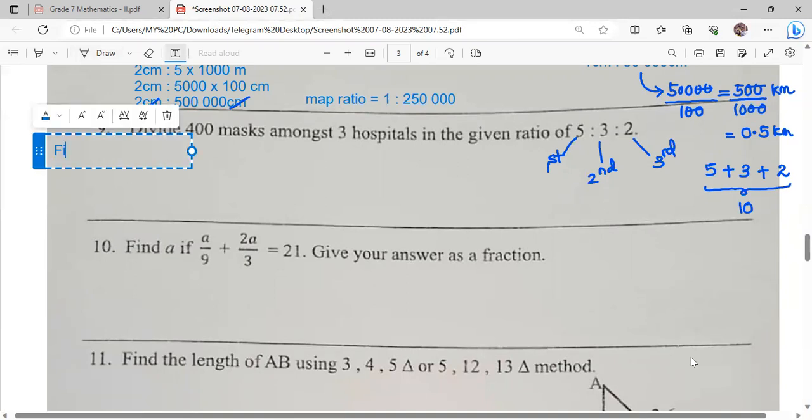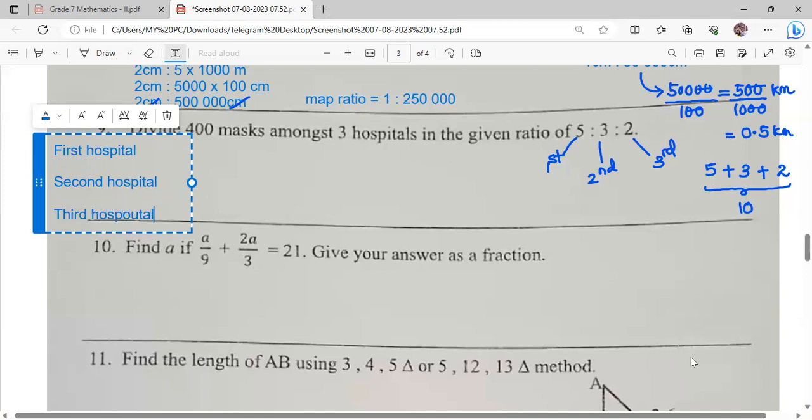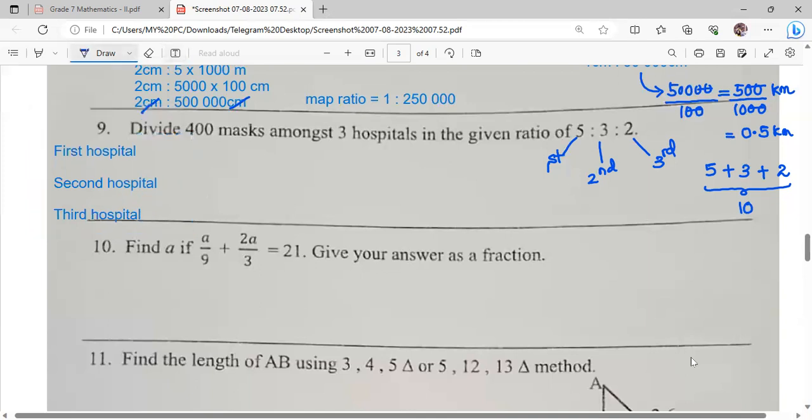Here I write the first hospital, then the second hospital, then the third hospital. This is how we want to distribute. So we'll see how we can do the sum.